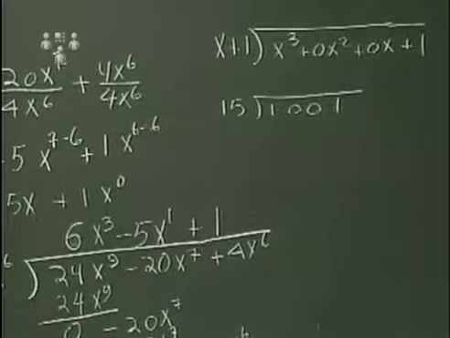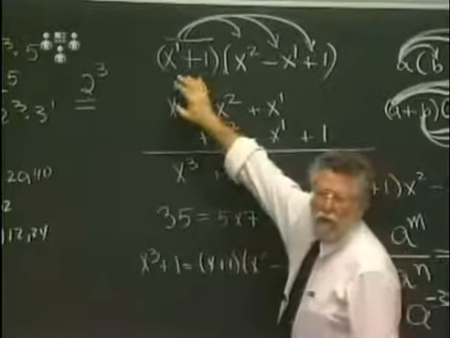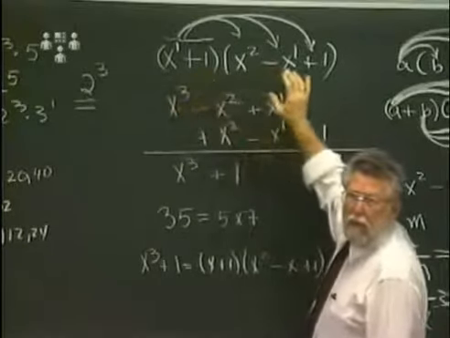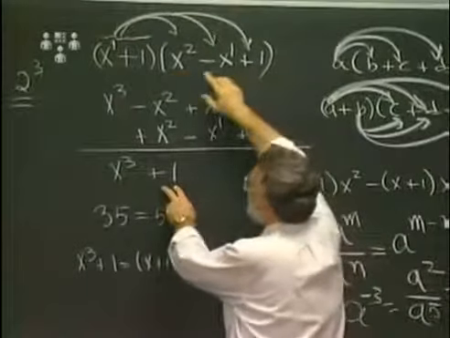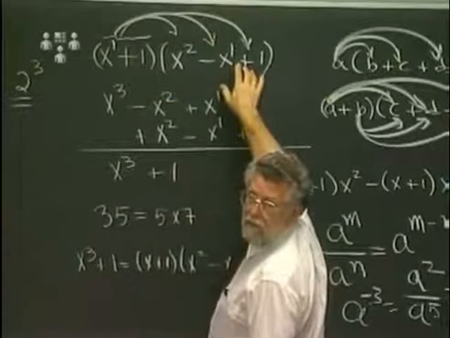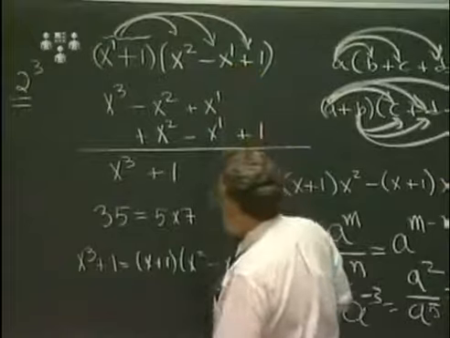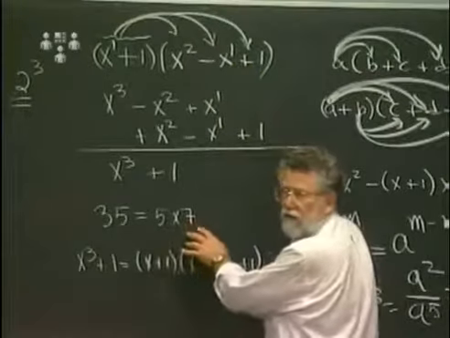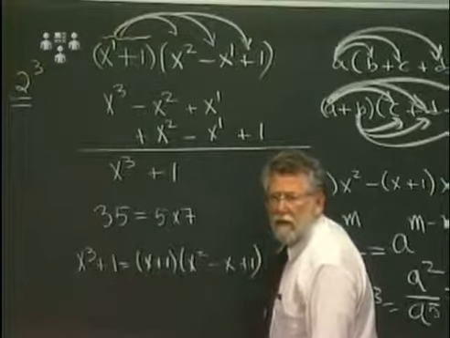Now, if I know this binomial times that trinomial gives this answer, shouldn't I be able to divide x plus 1 into this and get that? If I know 5 times 7 is 35, I could divide 5 into 35 and I should get 7.